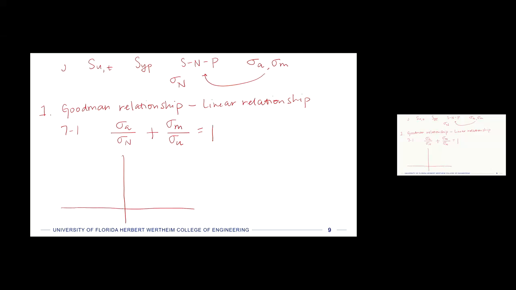And the reason that this is called linear is going back to that same plot that we made before, where we had the mean stress on the x-axis, the alternating stress or stress amplitude on the y-axis.